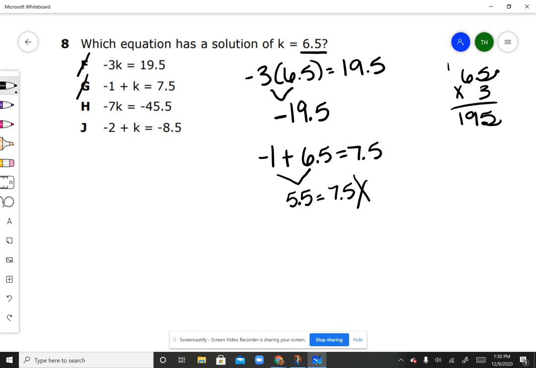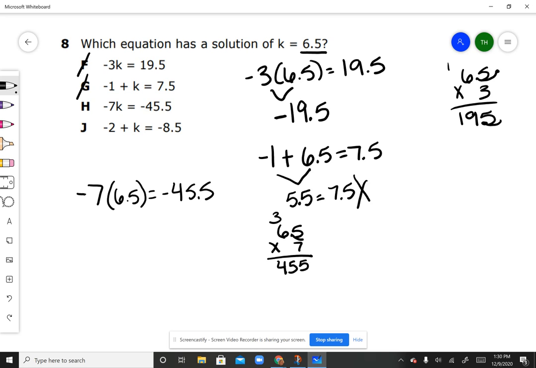Next, I'm going to come over here to H: negative 7k equals negative 45.5, so I'm going to plug in my 6.5 for k. First thing I need to do is multiply. I have 6.5 times 7. 7 times 5 is 35. 7 times 6 is 42, plus 3 is 45.